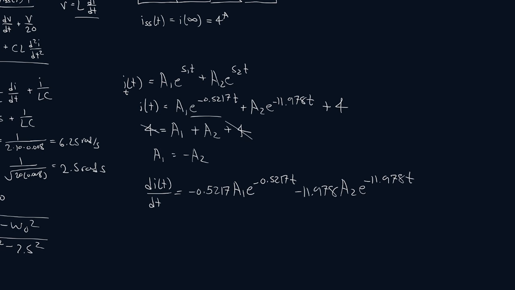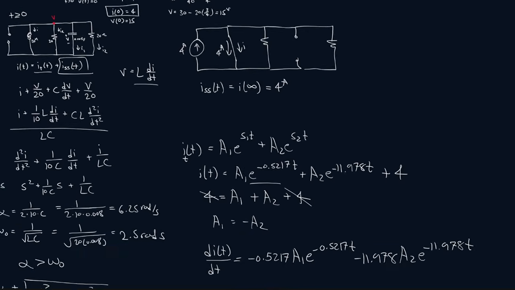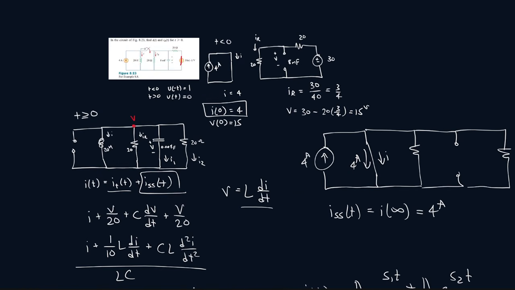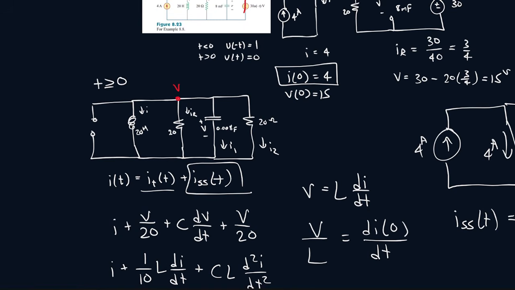So now we have to find di over dt. We actually could just use this equation here. So v over L equals di(0) over dt. So pretty much when the circuit looks something like this, and obviously this is assuming there's this current source here, we need to find the voltage here.